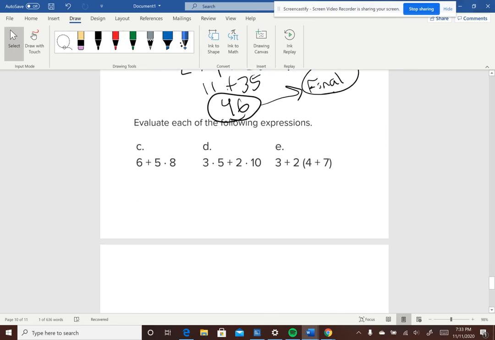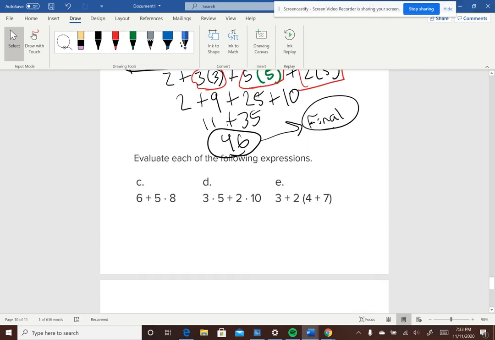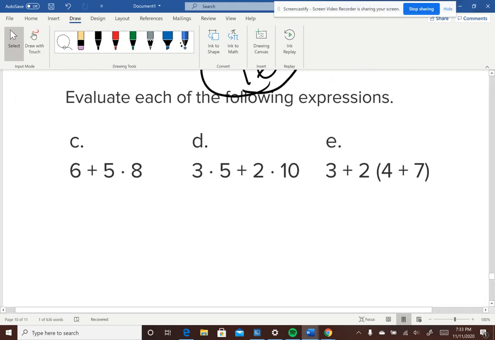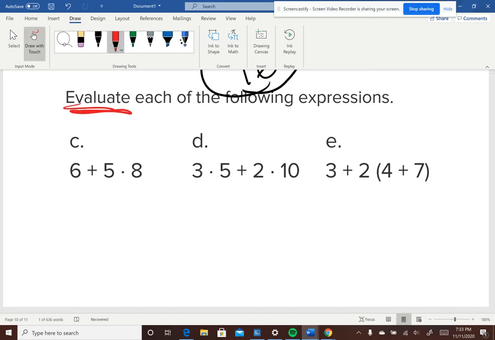Evaluate each of the following expressions, and this is the last one, so you guys can give yourself a round of applause and eat some nachos. Explain how each of the following expressions can be simplified. So let's go ahead. Evaluating, that just means simplify, solve it. So remember PEMDAS, order of operations. Start with parentheses.